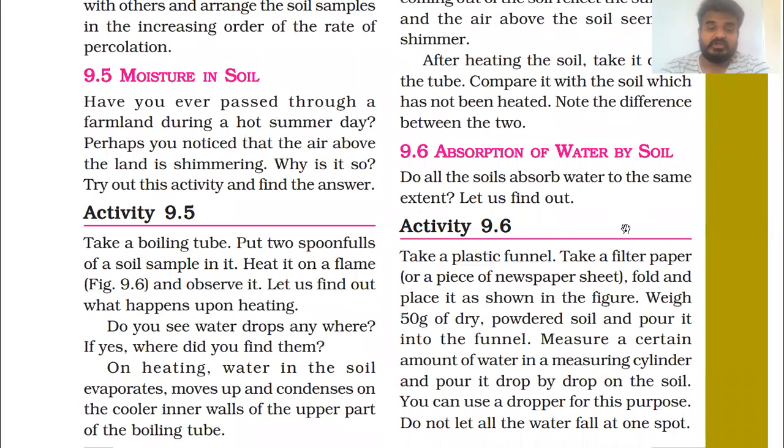On heating, water in the soil evaporates, moves up and condenses on the cooler inner walls of the upper part of the boiling tube.